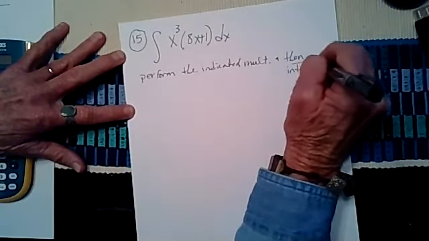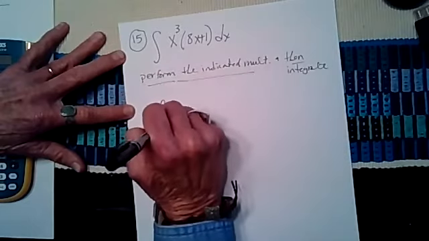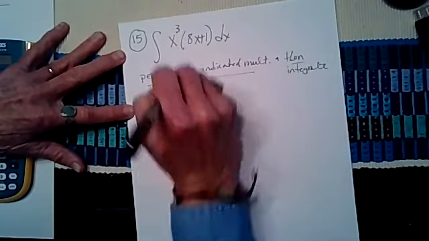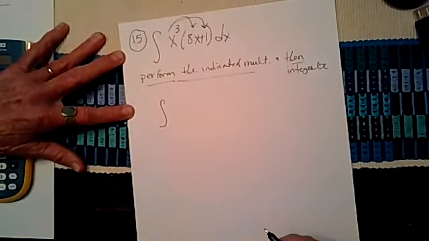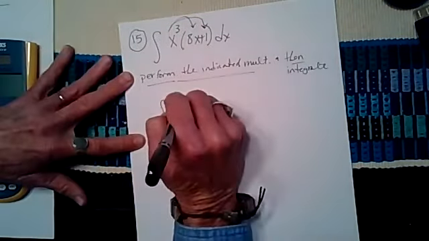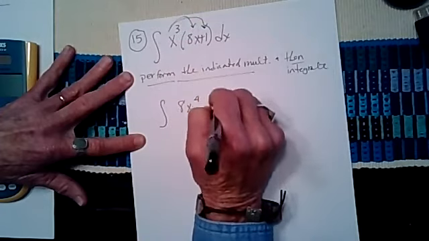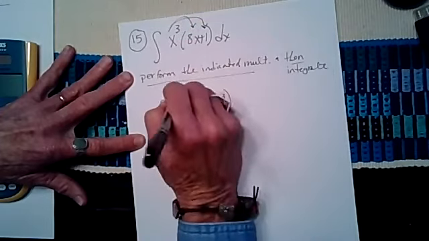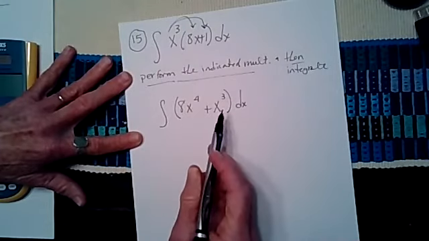So what is perform the indicated multiplication? Well, we distribute the x cubed through there because we need it to be a polynomial. So that's going to be 8x to the, what do you do when you multiply like bases? You add your exponents, plus x to the third. Now I have a polynomial and I can use my rules on each term.